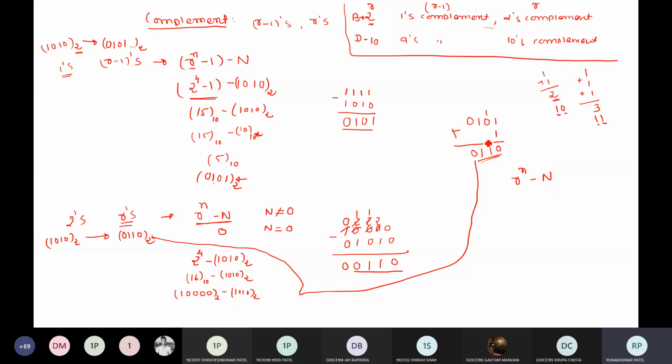This is no magic, I'll show you now. Now I add minus 1 plus 1 to r raised to n minus N. Adding minus 1 plus 1, both cancel, so we get r raised to n minus N. Now I am writing it in a different form: r raised to n minus 1 minus N plus 1, that is, I took this minus 1 forward. Now see this.